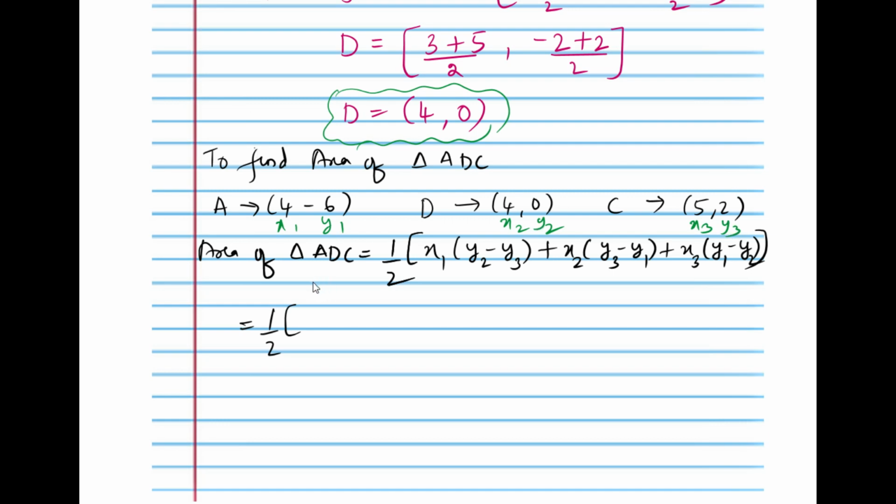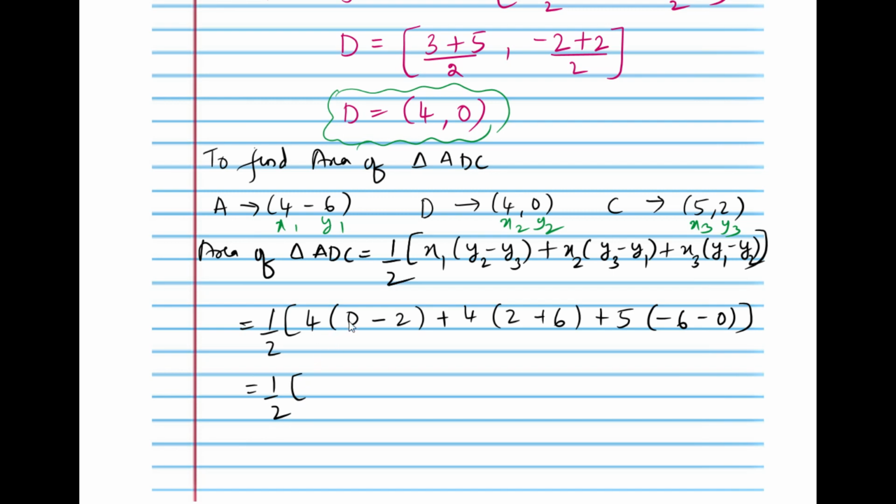Substitute the values now. x1 is 4, y2 is 0, minus y3 is 2. x2 is 4, y3 is 2, minus y1 is minus of minus 6, which is plus 6. x3 is 5 into y1 is minus 6, minus y2 is 0.